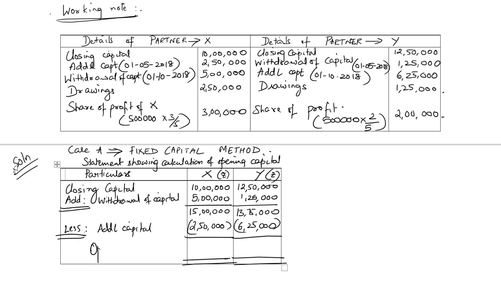The answer for opening capital in the case of X, it's 15 lakh minus 2,50,000, which is 12,50,000, and for Y it's 13,75,000 minus 6,25,000, which is 7,50,000 rupees.